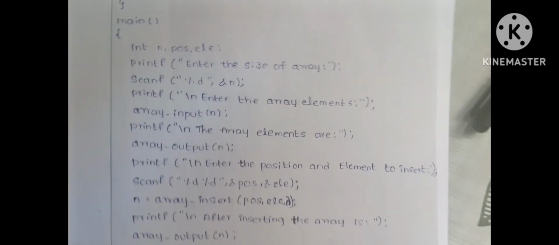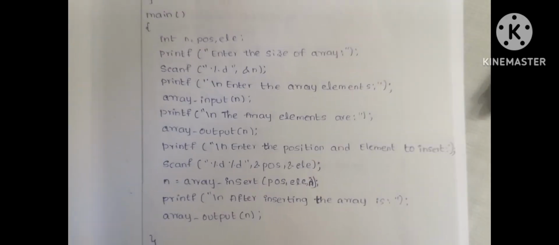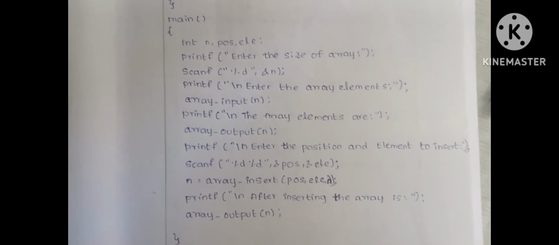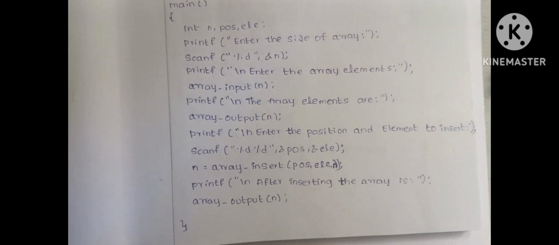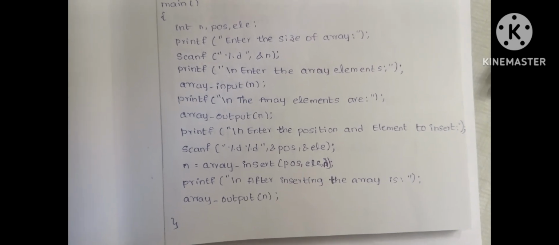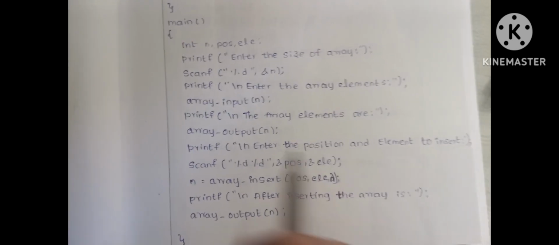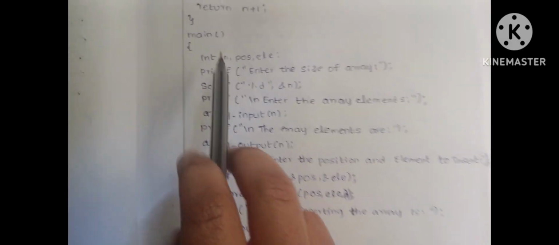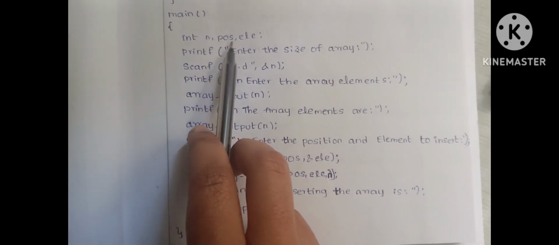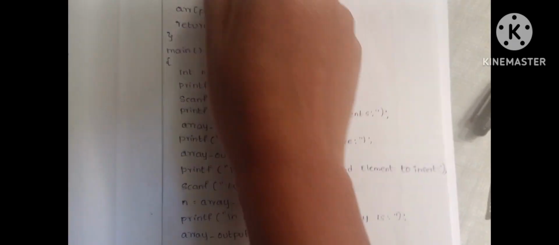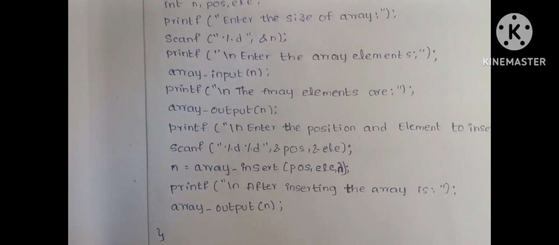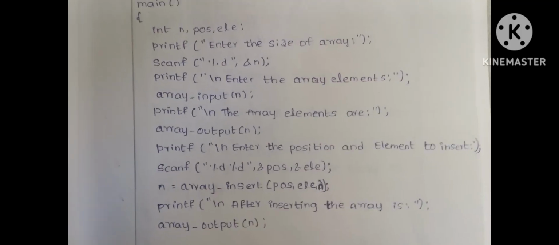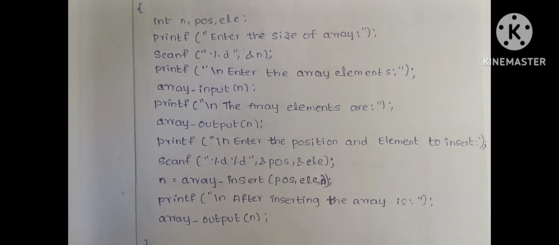Okay. So this is the main function. Look at it once. The main function will be easier one if you know the C coding. It will not be difficult. So in main, we have declared n, pos and ELE because I have not declared them globally here. So I have declared them here. Okay. So what I am doing is, I am printing the statement that enter the size of an array.